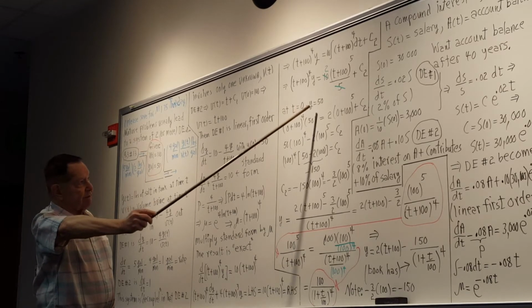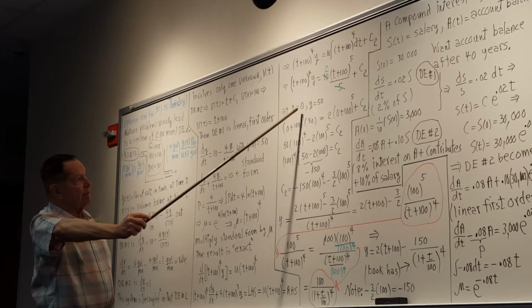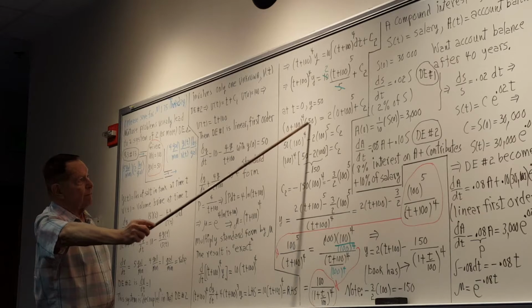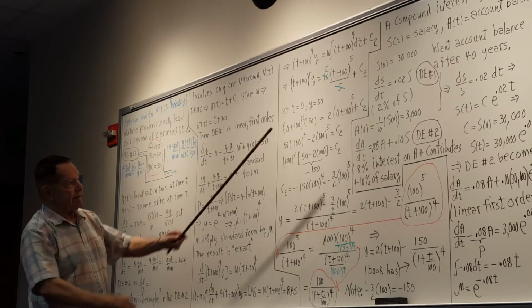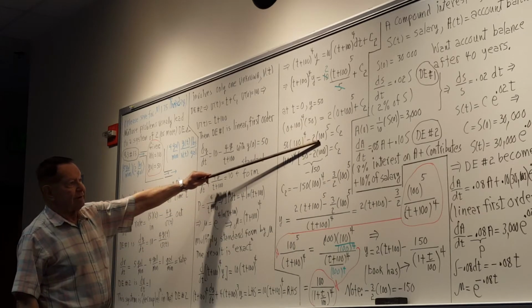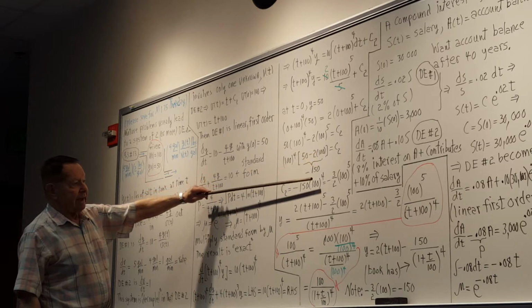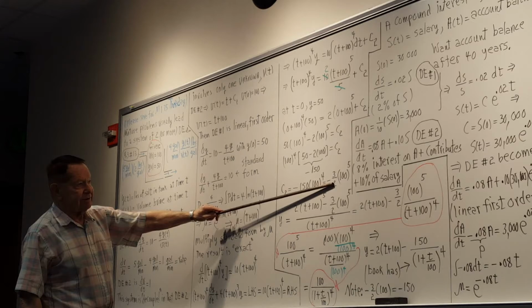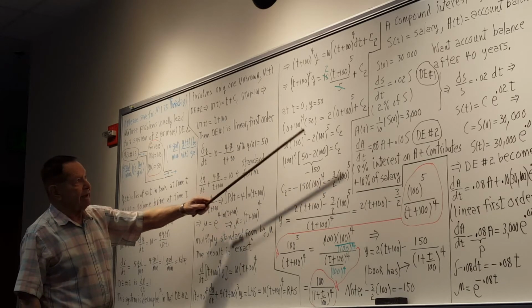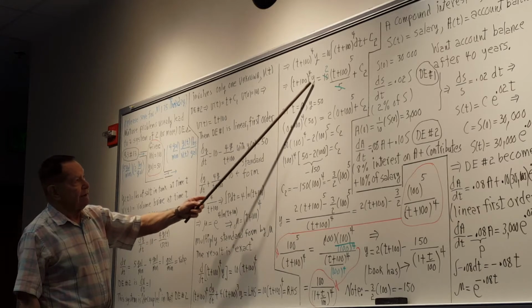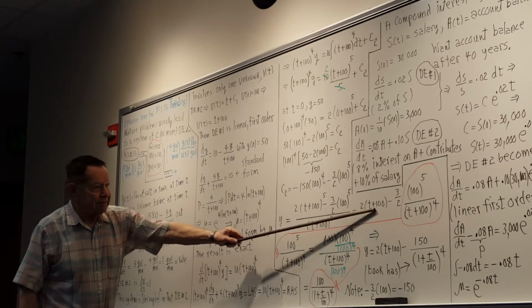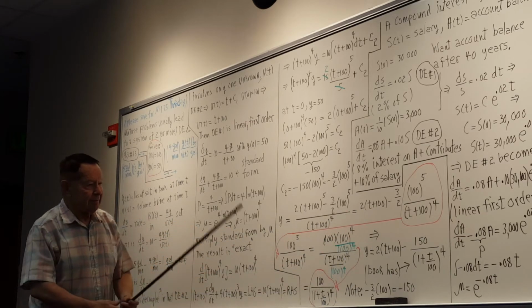So I've used my initial value in my solution here, and I get these numbers, and I work through these numbers, and finally I get that the constant C2 would look like this, and then put that into the solution up here, and I finally get to something that would look like this.